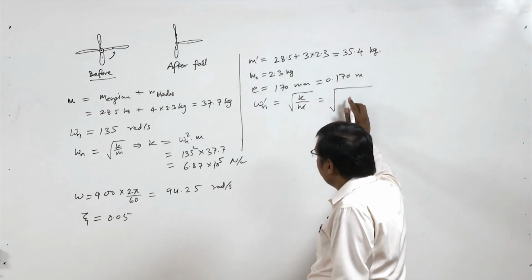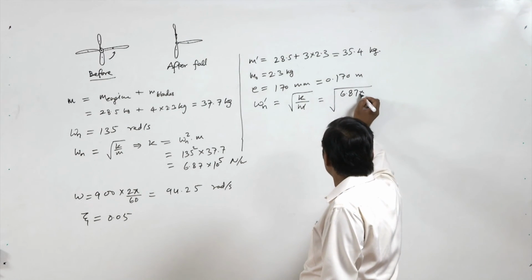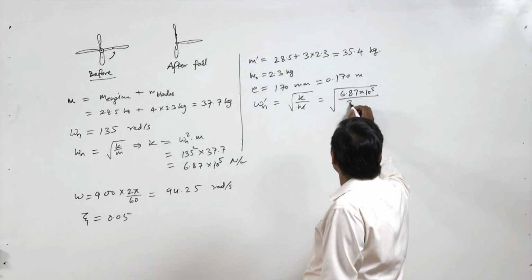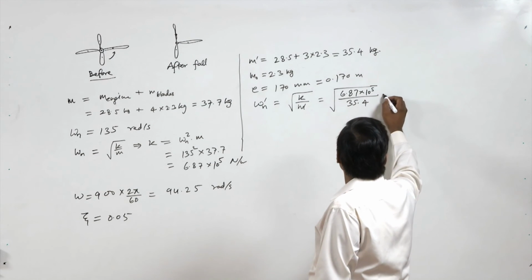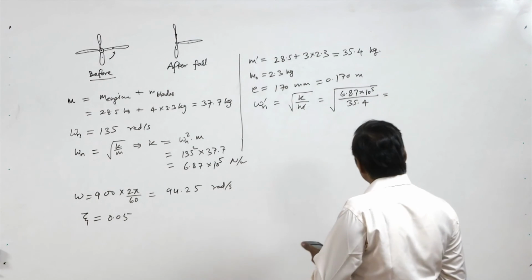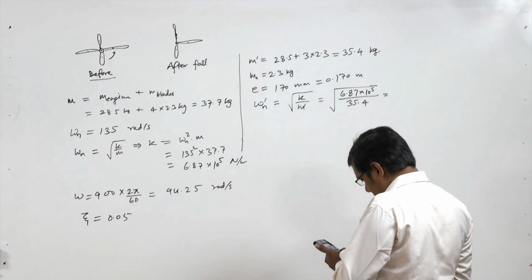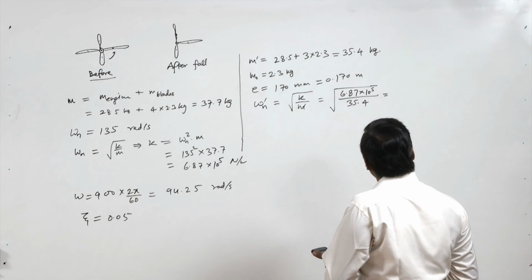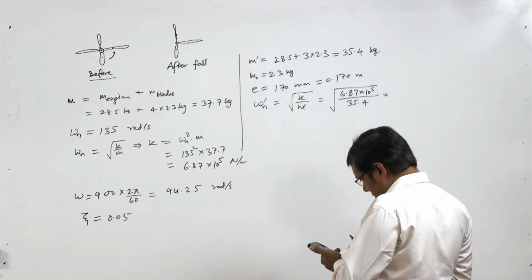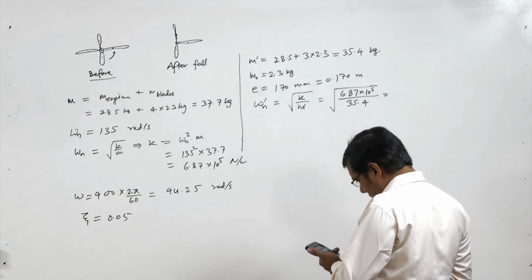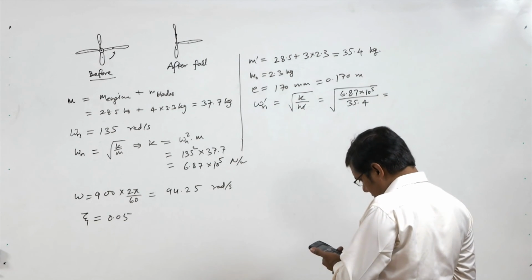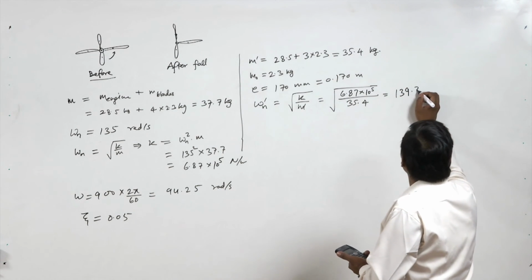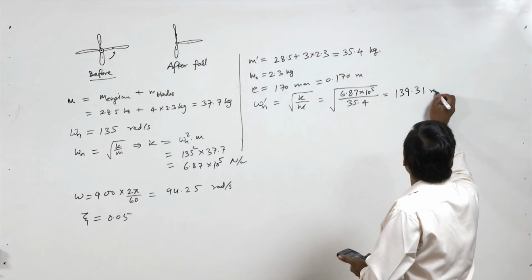We know that k is 6.87 into 10 power 5 and m dash is 35.4, so it is 139.31 radian per second.